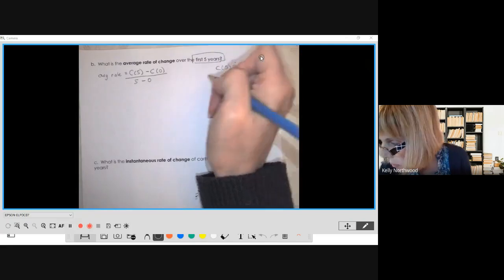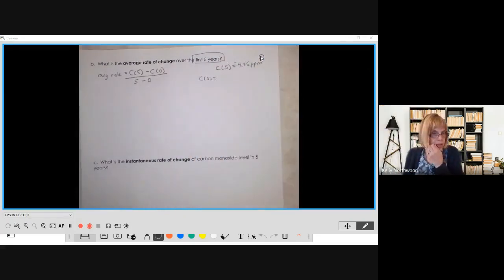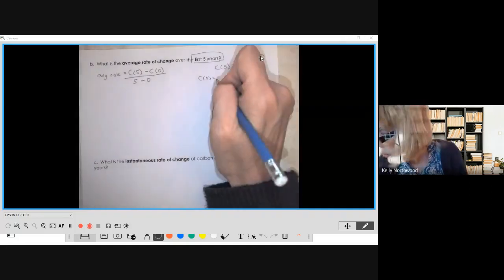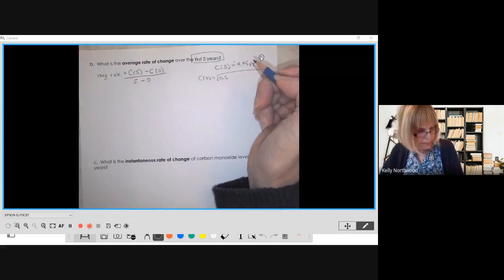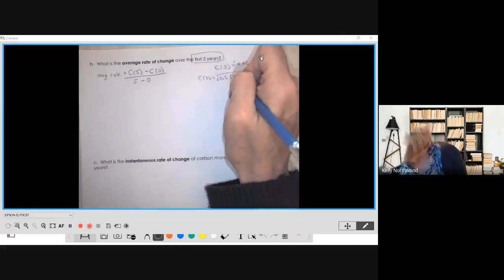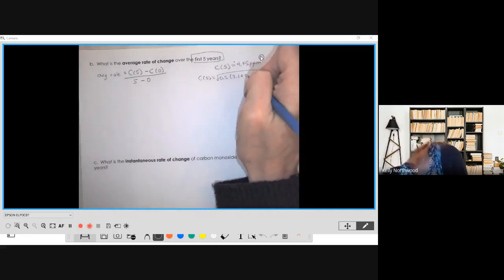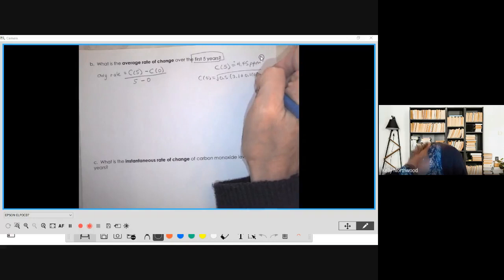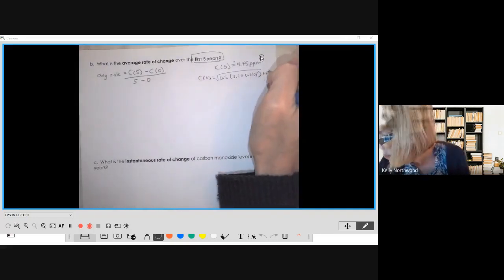So C at 0 is what we want to find next. That's going to be the square root of 0.5 times 3.1 plus 0.1 times 0 squared. That just makes that term 0, plus 17.